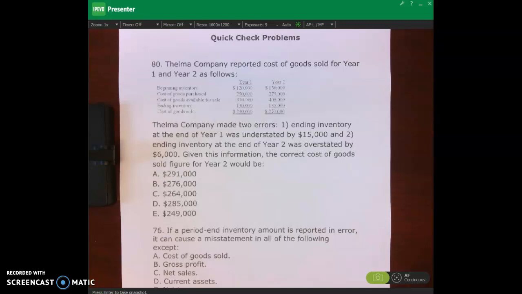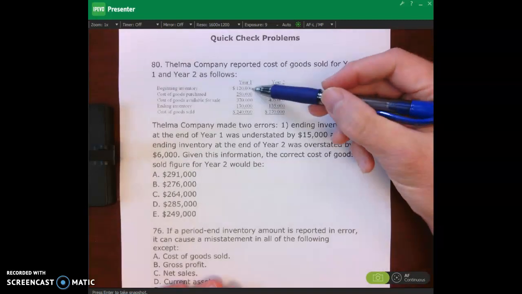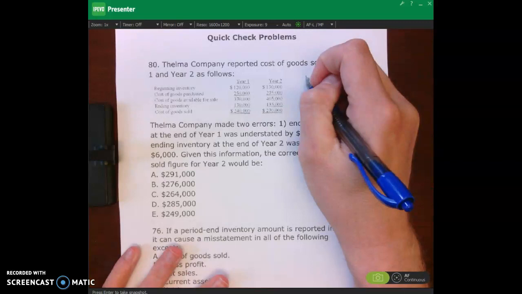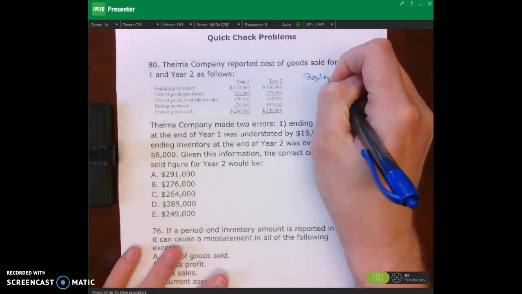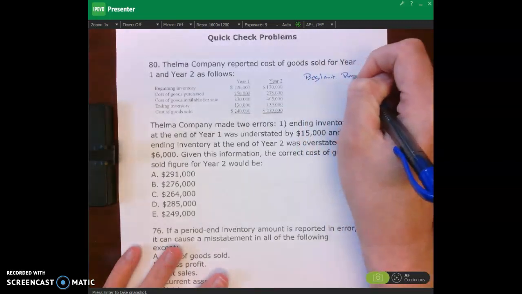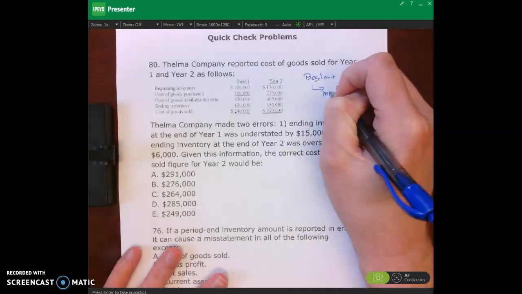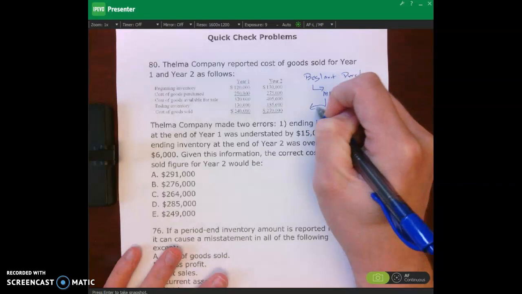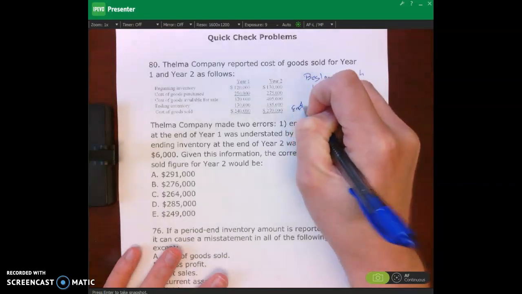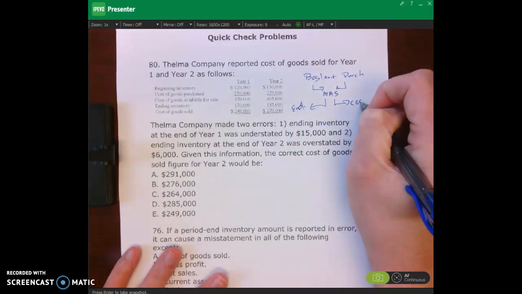Our Thelma company reported cost of goods sold for the year 1 and 2 as follows. Remember, beginning inventory plus purchases comes down to merchandise available for sale, and then that goes to ending inventory, and then to cost of goods sold.